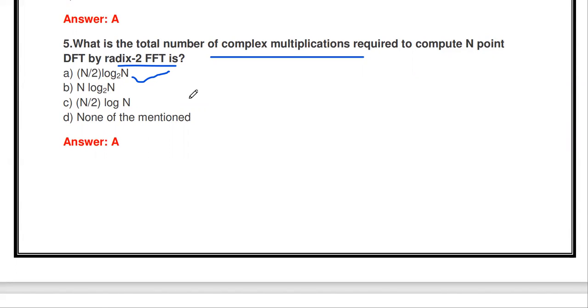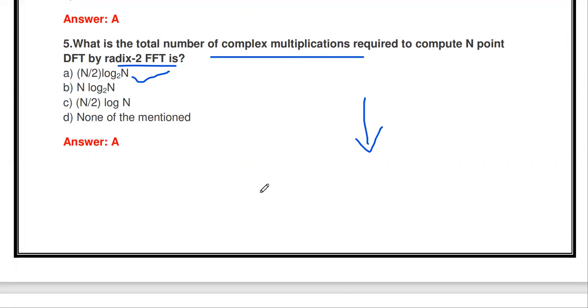You already know the advantage of the fast Fourier transform is that the number of computations used to compute the DFT reduces. That means the number of multiplications and additions needed to perform the DFT reduces when compared to the basic method of DFT calculation, which we discussed in the previous video.